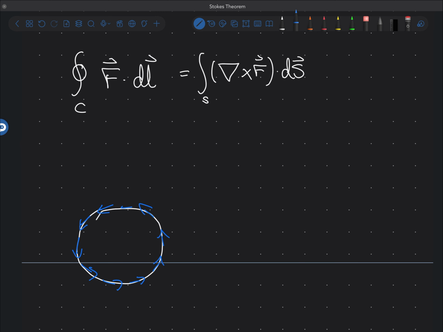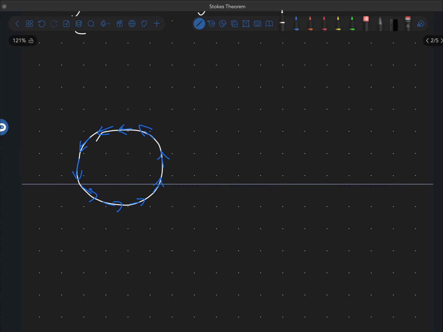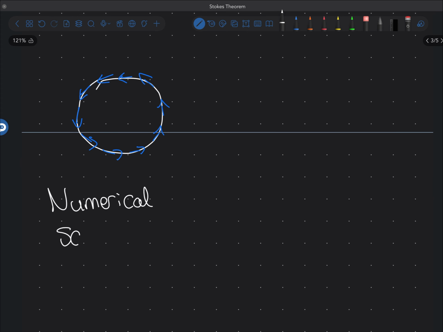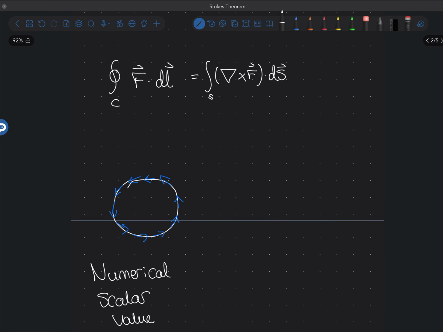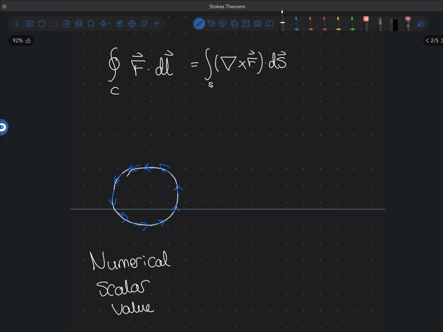It adds up the vector field pointing in the same direction as the loop. This ends up giving you a numerical scalar value. Right? So it stops becoming a vector and becomes a scalar.